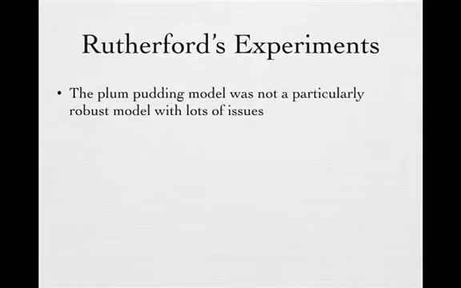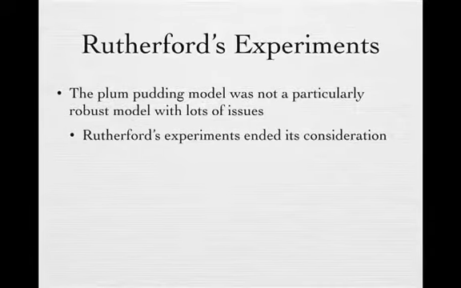However, as more and more experiments were done, the model began to fall apart. As we say here, it's not a very robust model, and there were a lot of observations that it could no longer sustain. So we started needing some new models, and one of the experiments that pretty much destroyed the last remnants of the plum pudding model and also proposed really the model that we look at today is Ernest Rutherford's experiments.